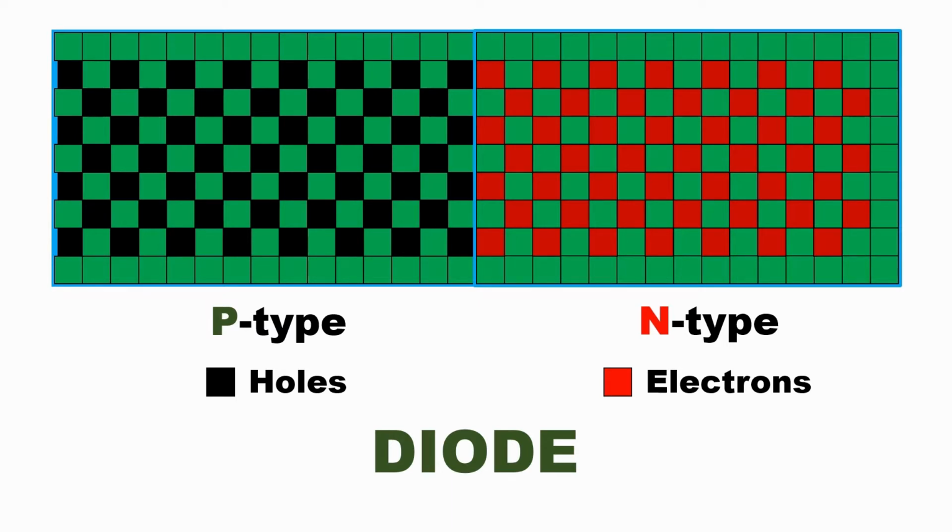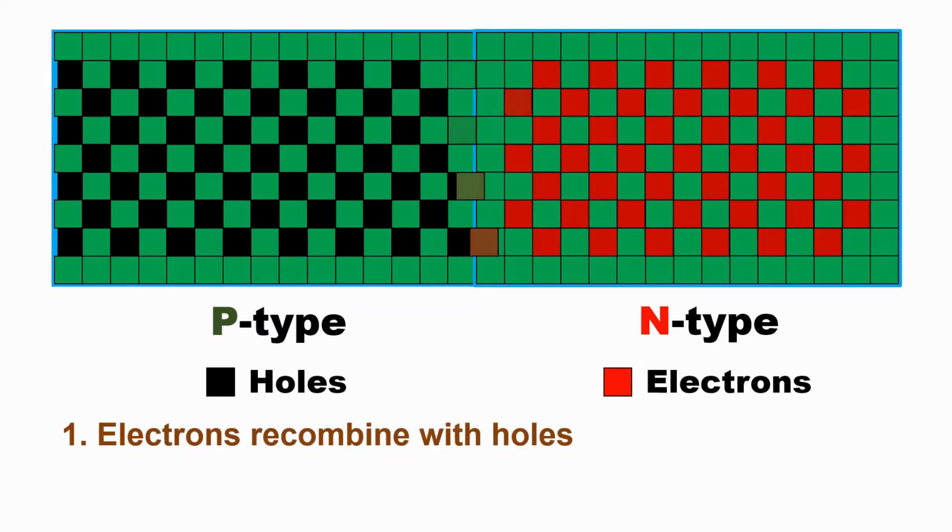Since electrons are negatively charged as opposed to the holes, which are more positive at this junction, the free electrons nearby will be attracted to the nearby holes, making these free electrons jump into the holes, or recombine with the holes. This process will keep going until the distance between them is too far for them to be attracted to each other.